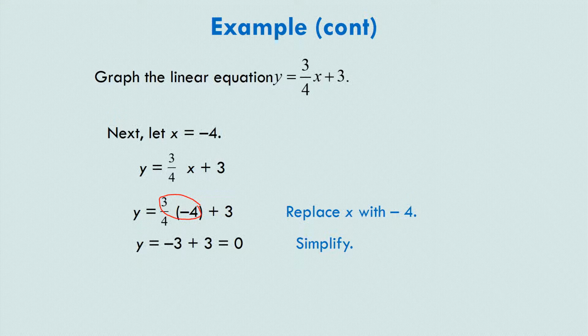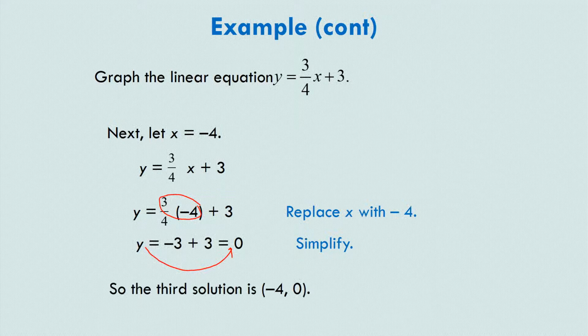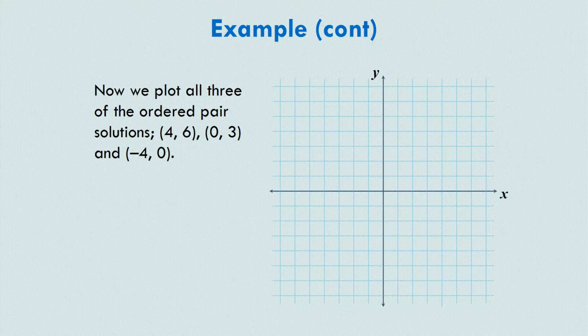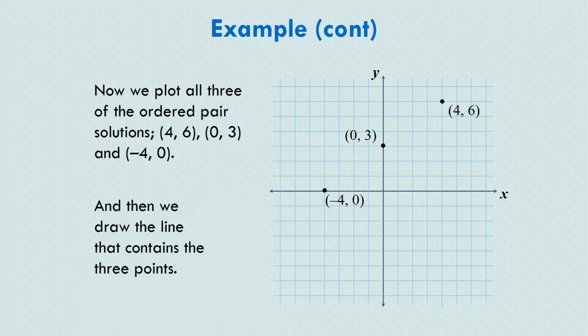So -3 plus 3 is y equals 0, so my final solution is -4, 0. Now I have 3 coordinates. I'm going to plot my 3 coordinates, so 4, 6, 0, 3, and -4, 0, and then connect them with a line. Ta-da!